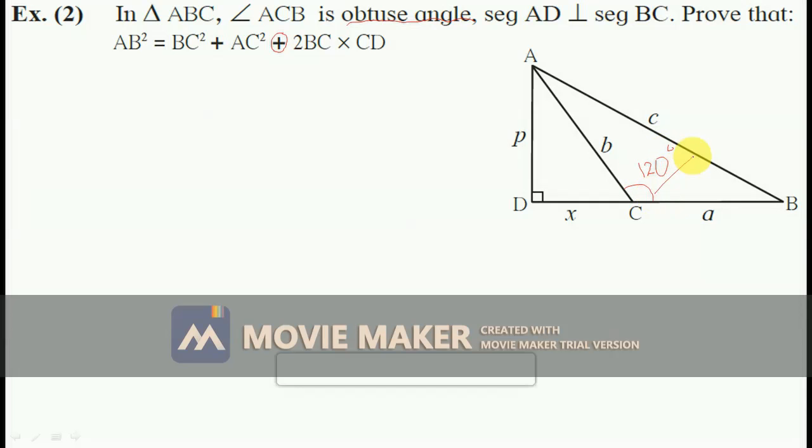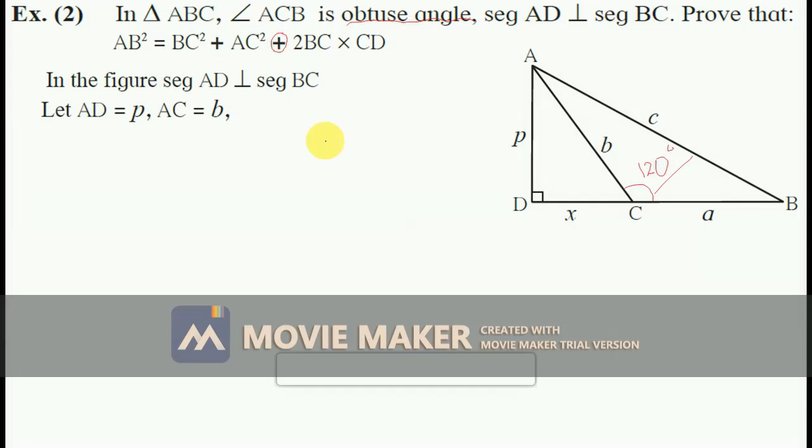Now we have taken the perpendicular AD on BC, and this is known as p here. Now in the figure, segment AD is perpendicular to segment BC. Now let AD equal p, AC equal b, AB equal c, BC equal a, and DC equal x.